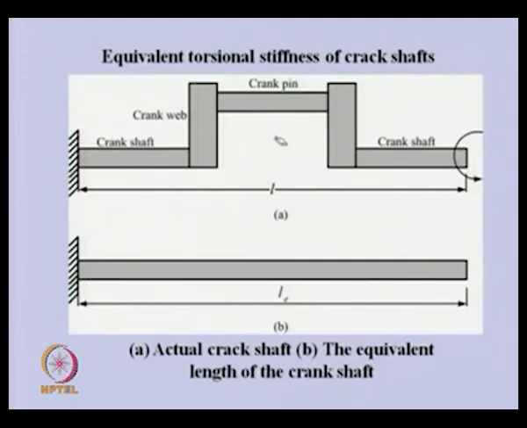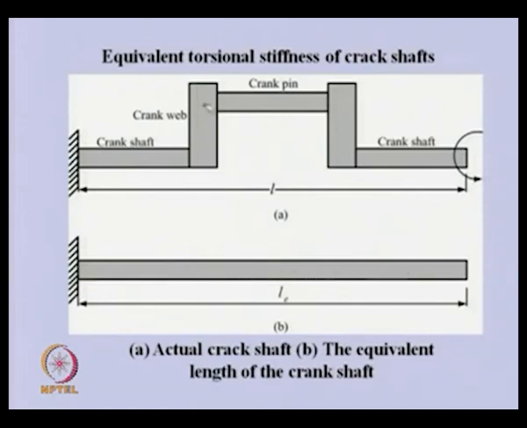If we do it experimentally, we can give some twist, and from there we can get the torsional stiffness of this particular crank, and get the equivalent uniform shaft from that.